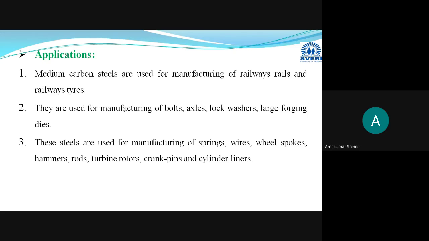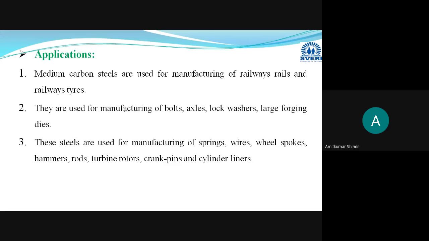Then different types of bolts, and different kinds of axles which are used in different vehicles, all these are made up of the medium carbon steel. Then, as I mentioned in the first slide, the different tubes which we are using in bicycles and other vehicles are manufactured from the low carbon steel.